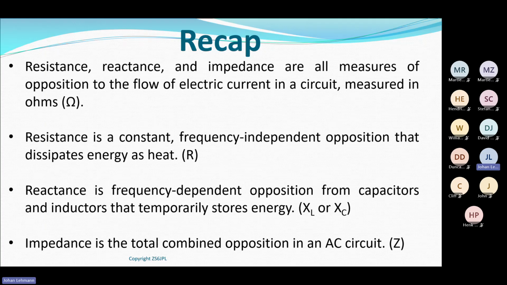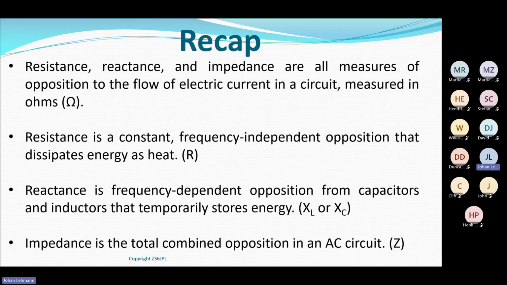Resistance is a constant, frequency independent opposition. One to remember: as the frequency changes, the resistance value of that component is not going to change. Reactance, on the other hand, is a frequency dependent opposition, and it's applicable to things like capacitors and inductors, which store and exchange energy all the time.